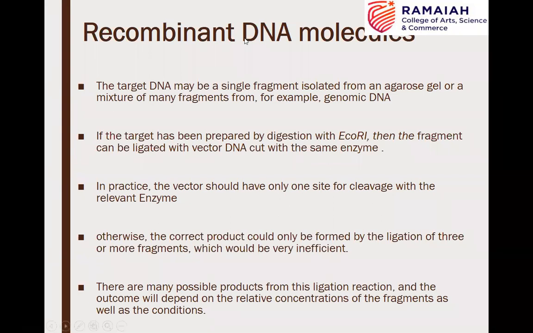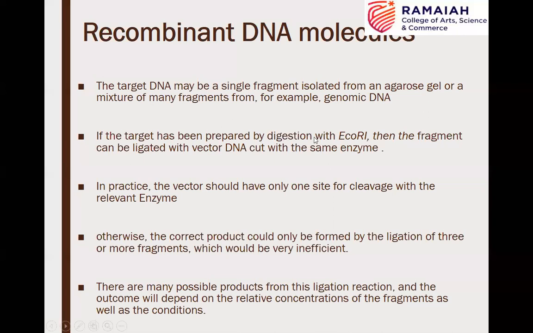If the target is prepared by digestion with the EcoRI restriction enzyme, obviously the target needs to be prepared properly before you go for the ligation. Say for example, if you are using plasmid as a vector, we all know plasmid is a circular DNA molecule. You cannot incorporate your fragment of interest into a circular molecule, right?